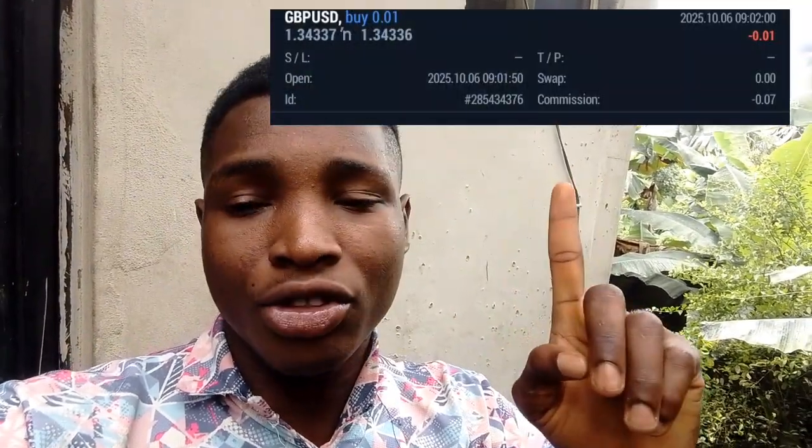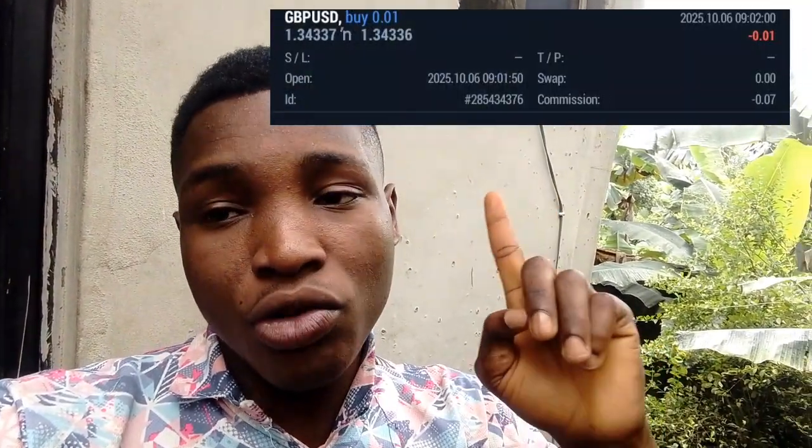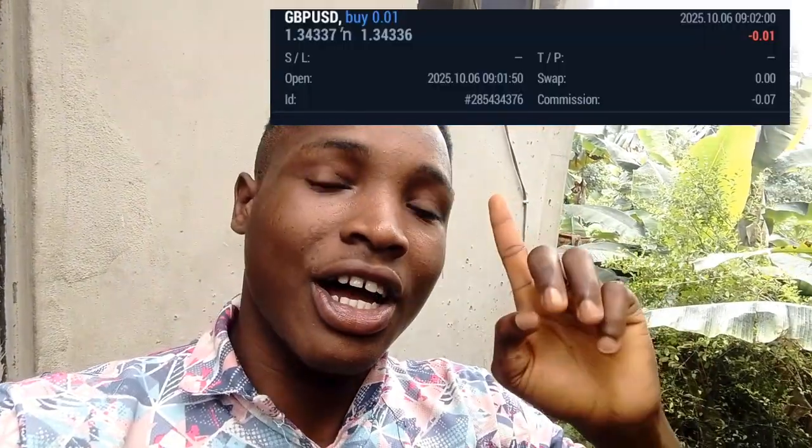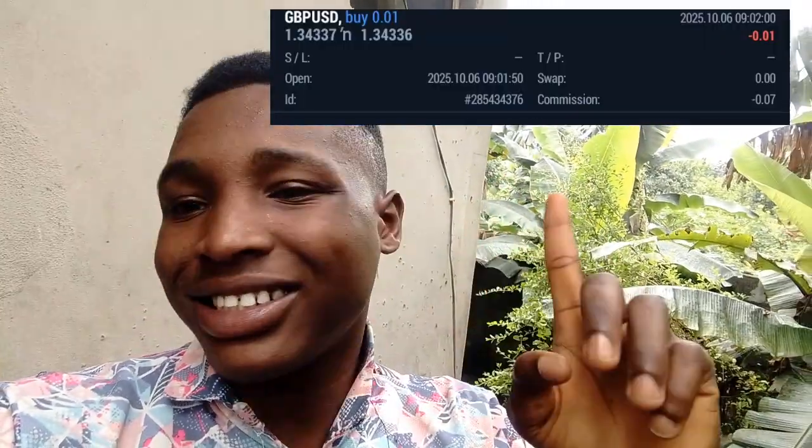While I was trying not to miss my entry on USD CAD, I went to my MT5 immediately just to enter a trade, and I mistakenly clicked buy on GBP USD, and guess what, I immediately closed it. You can see it right here. So we lost on the GBP USD, but we lost some funds, 0.07 cents, and you can see it right here. And that is one of the biggest mistakes I did.